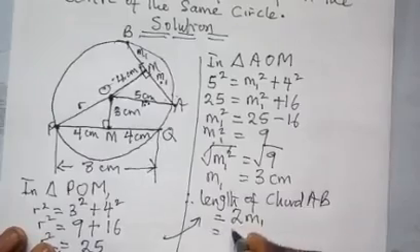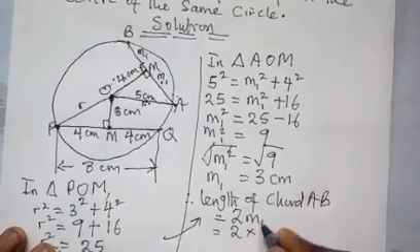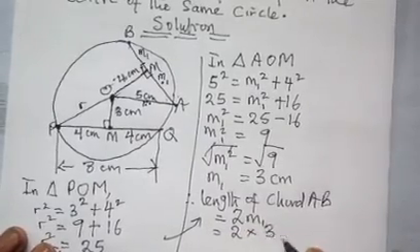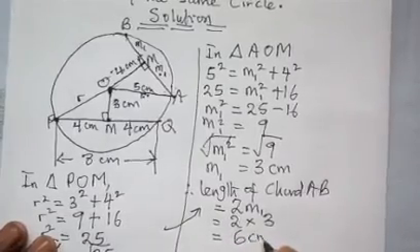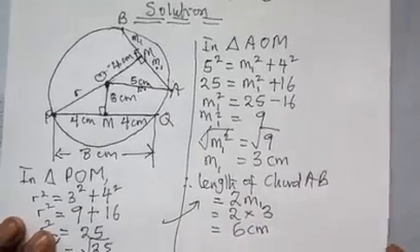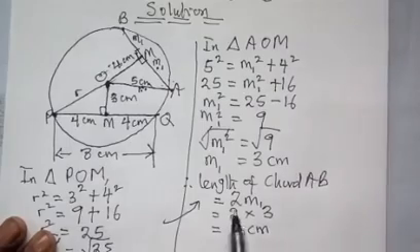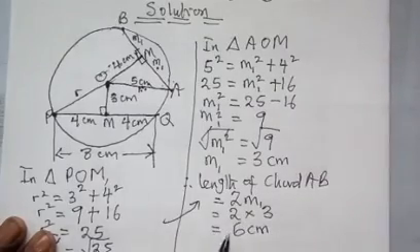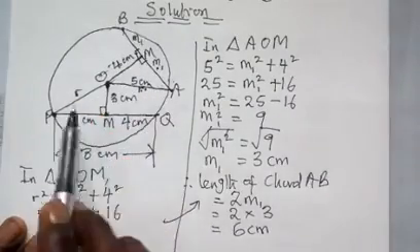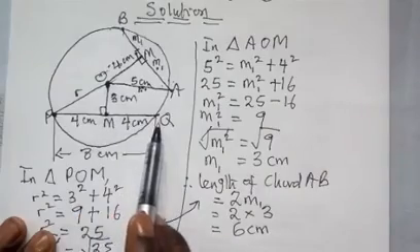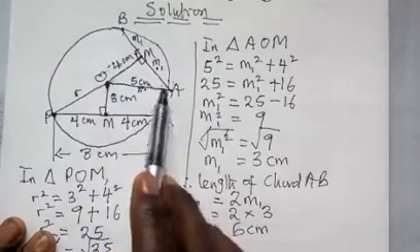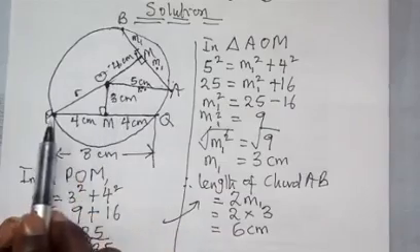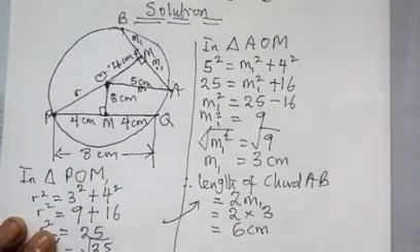That is, we are going to multiply 2 by the result we got for M1, and that will give us 2 times 3, which is 6 centimeters, and that is the length of this particular chord. You can see that the length of this chord, 6 centimeters, is shorter than the length of the other chord, 8 centimeters. So the longer the distance, the shorter the length of the chord. The shorter the distance, the longer the length of the chord. That's the property we applied here.